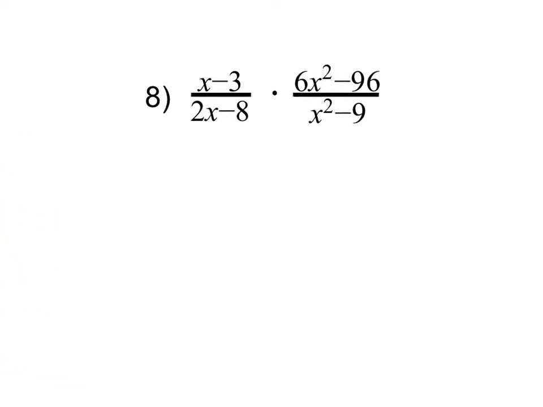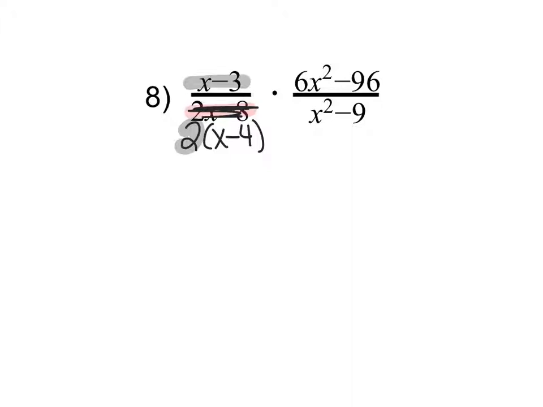Okay, over here, anytime we look at a first step with adding, subtracting, multiplying, dividing, solving, anything, the first thing we do is, can we factor? So we're going to look at each piece and say, can I factor that? Well, x minus 3, can't really do anything with that because it's already factored. If I have 2x minus 8, there's a greatest common factor I can take out, a 2, and I would be left with x minus 4. So I'm going to cross that out because I factored it.